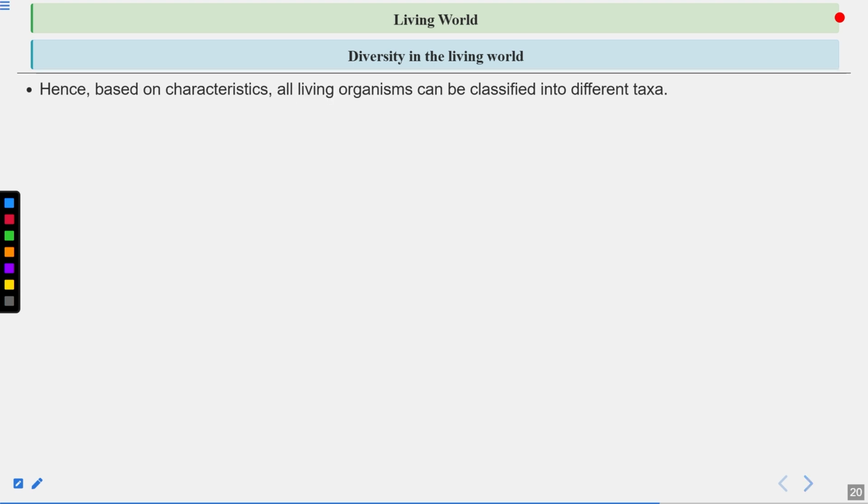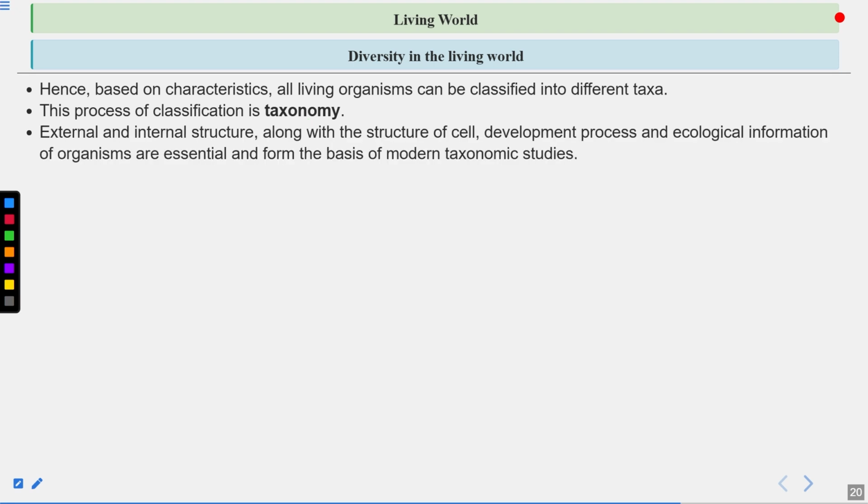Hence, based on the characteristics, all living organisms can be classified into different taxa. So this process of classification is known as taxonomy. Now, external and internal structure, along with the structure of the cell, developmental process, and ecological information of organisms are essential and form the basis of modern taxonomic studies.